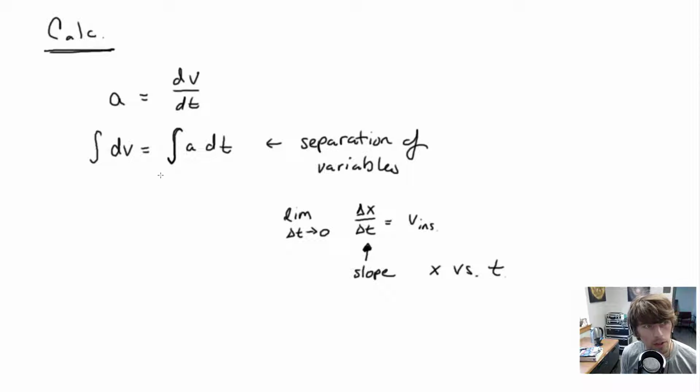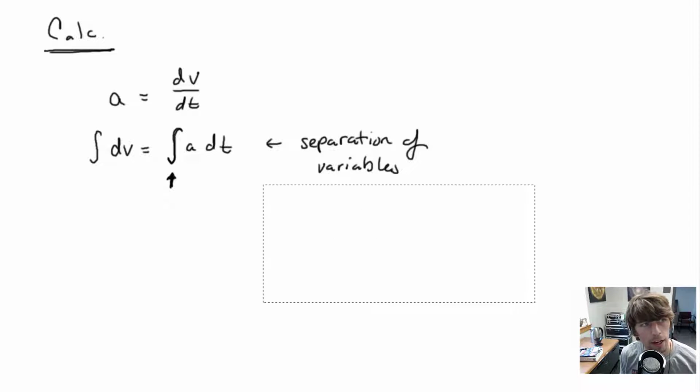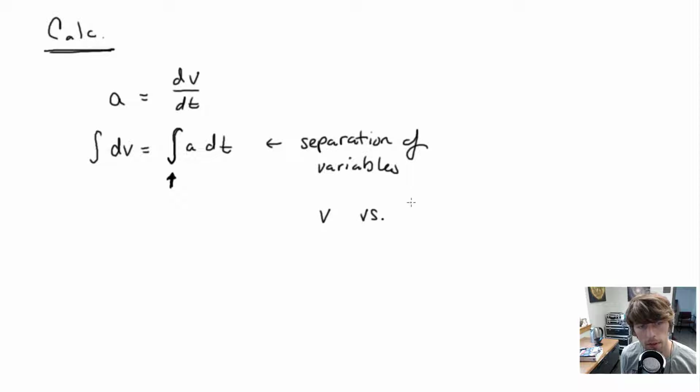Now you say, okay, what does this thing mean? And again, I'll go back to something we've talked about: if I have a speed versus time graph, how do I get the position? Enough time? Pause it.